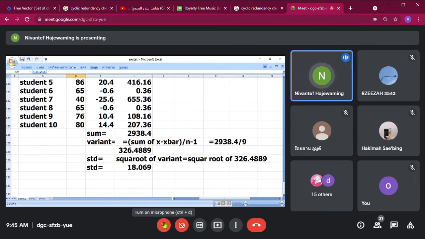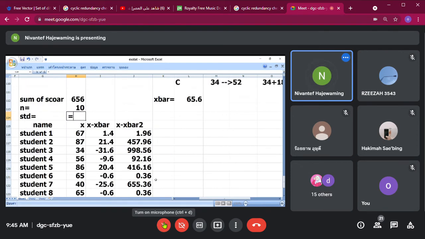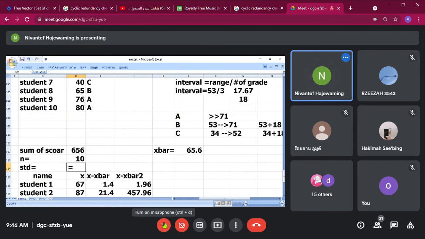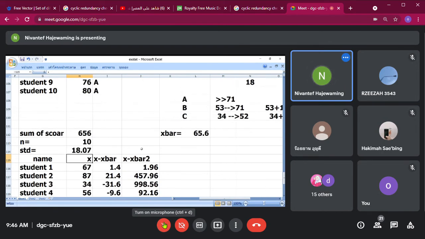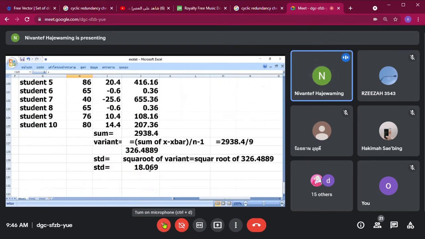But I introduce you 2 digits only. 18.06 change to 18.07, right? 18.07, like that. This is standard deviation.